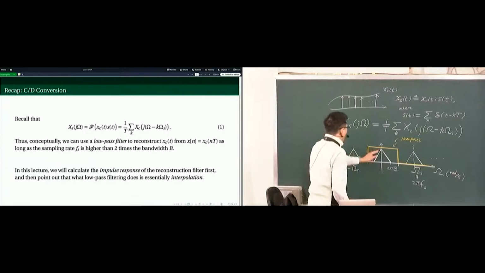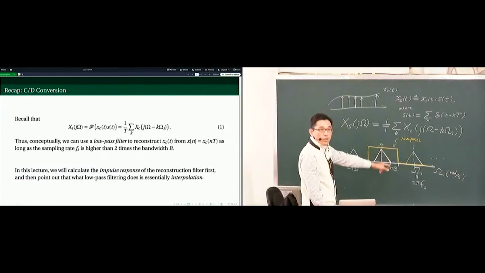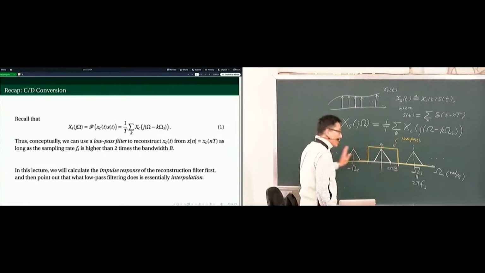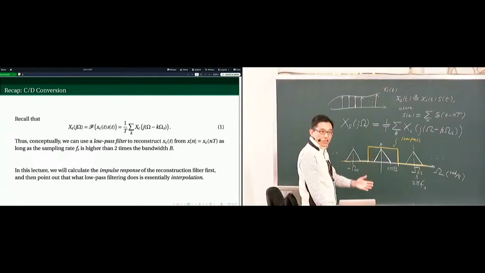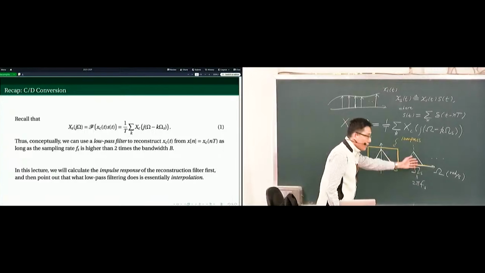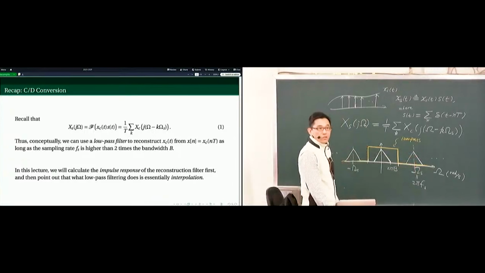Because the middle part here is what we begin with, right? The original band-limited spectrum. So we want to keep only the middle part while rejecting everything else, rejecting all the extra copies of the spectrums which are shifted elsewhere. We want to reject all those high-frequency components.